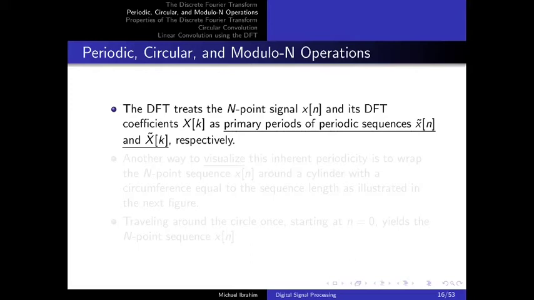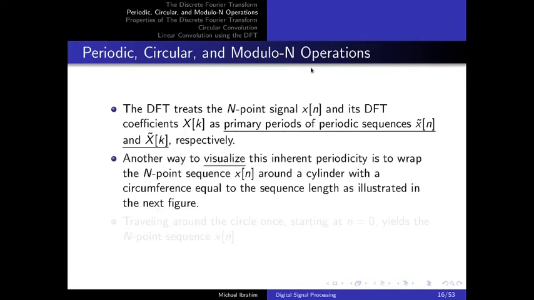Same for x of k and x tilde of k. The second approach is to draw x of n and x of k on a circle. As you go one time along the circle, you will get the sequence you have. If you go another time, you get the sequence again. A third time, the same sequence again, so you get the same effect of periodicity. And the third approach is to use the modulo operation, as we're going to see in a few seconds.